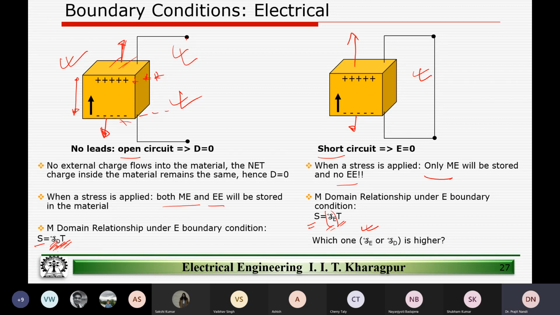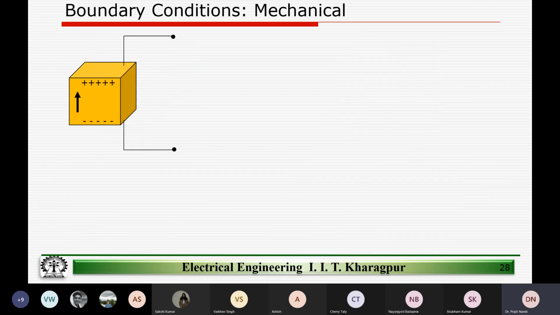Okay, cool. So now let's talk about the mechanical boundary conditions, right? So again, we have the same material and we apply a battery, which we have shown, right? And what will happen if we apply the battery? We have discussed this, right? Please note the direction of the external battery we are applying.